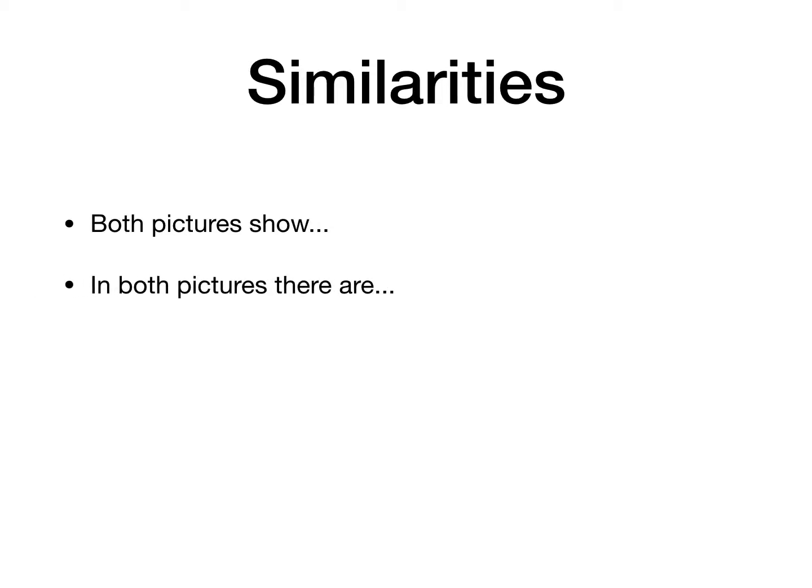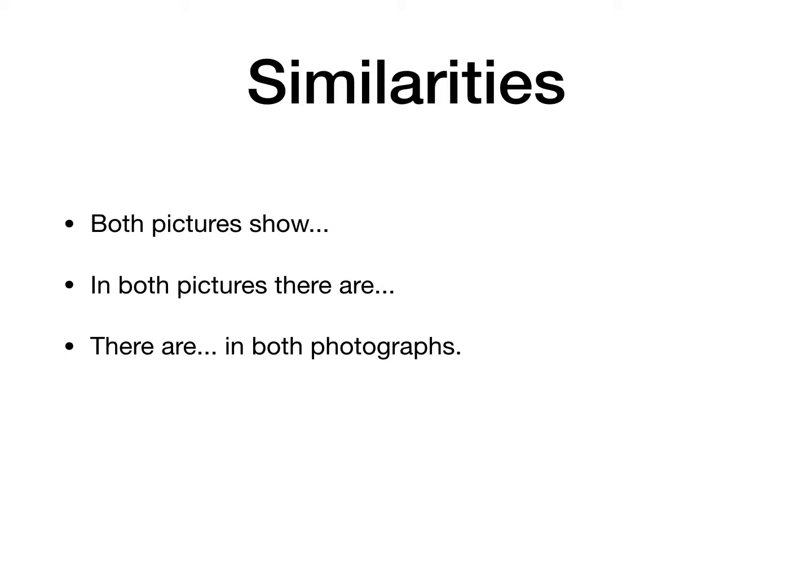And also, in both pictures there are. Now, it's important to say, we can't say in both pictures show, or both pictures there are. We need to have these phrases together. Remember the preposition or lack of it. We can change it a bit again. There are, there is, in both photographs.